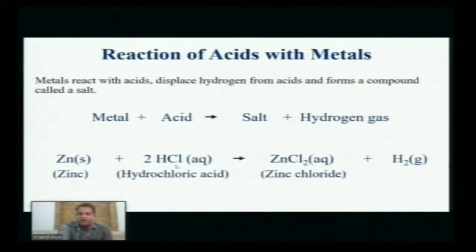The formula of hydrochloric acid is HCl, and it forms hydrogen. This hydrogen gas will be liberated and evolved, and it will leave behind zinc chloride. This zinc chloride is the salt. So this is how the acid reacts with the metals.